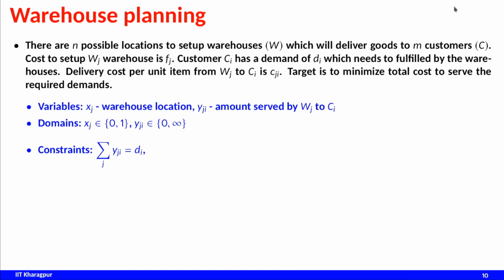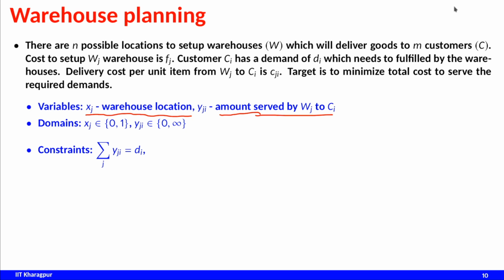Let us look into the set of constraints. First we will go with the variables. We will have xj as the warehouse location, which will be either 0 or 1. That means I am choosing that location or I am not choosing it. And yji is the amount served by wj to ci, the demand fulfilled by warehouse wj.